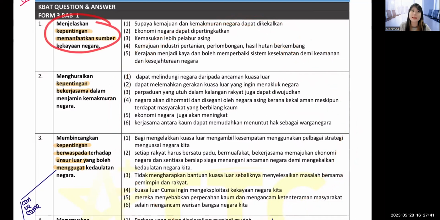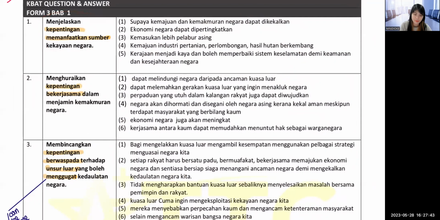So the first question is very simple. They are asking, what's the importance of benefiting the resources of the country? So your answer will be here, and then you make it into a sentence, ringkasan, explanation, whatever you like.